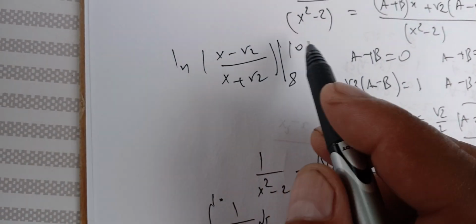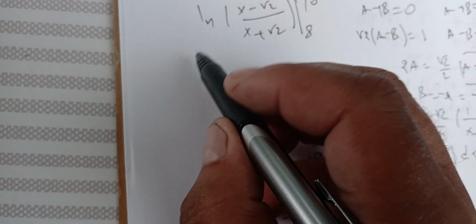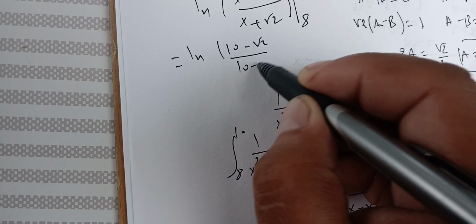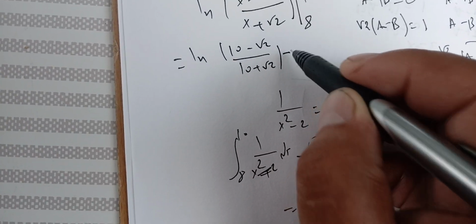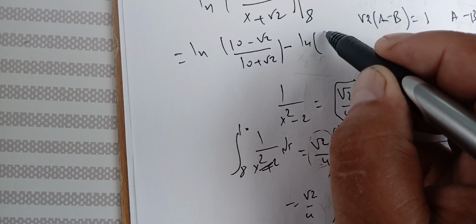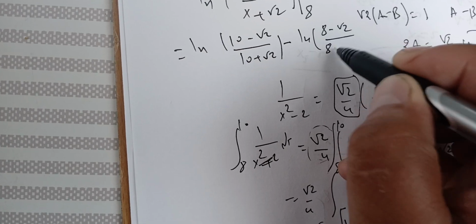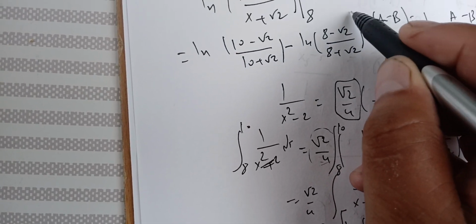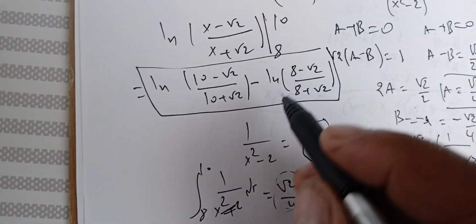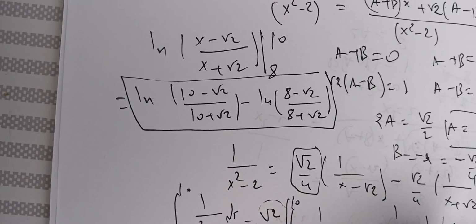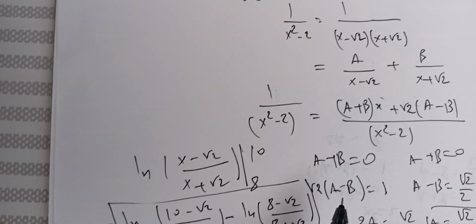Okay? So when I do this, I'm going to get the natural log of 10 minus square root of 2 over 10 plus square root of 2, minus the natural log of 8 minus square root of 2 over 8 plus square root of 2. I can simplify this one more, make it easier, but for me, that's all I need, okay?